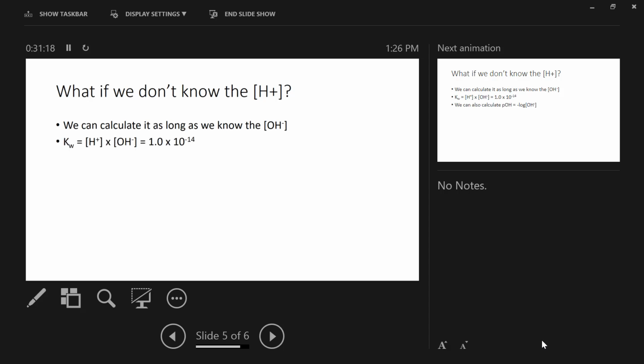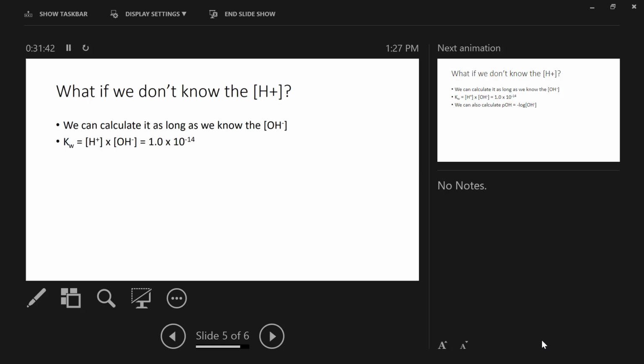Here's how we do it. We have this formula that says Kw, which is a constant, is equal to our hydrogen ion concentration times our hydroxide ion concentration. And because it's a constant, it has some value.